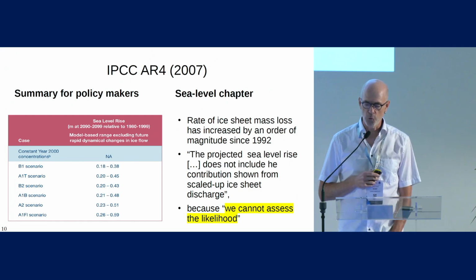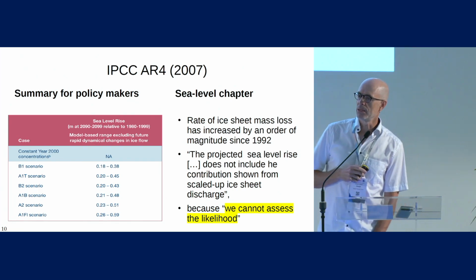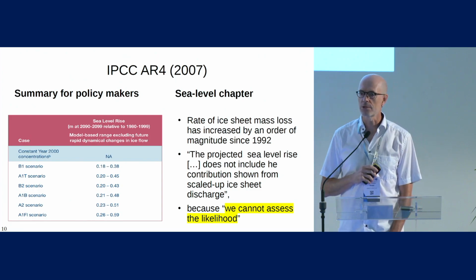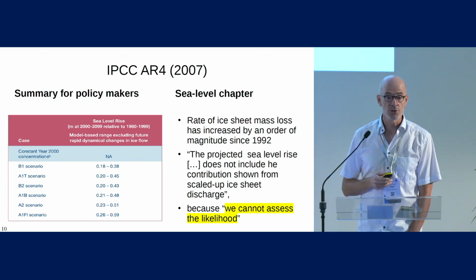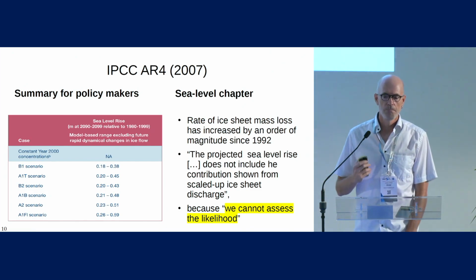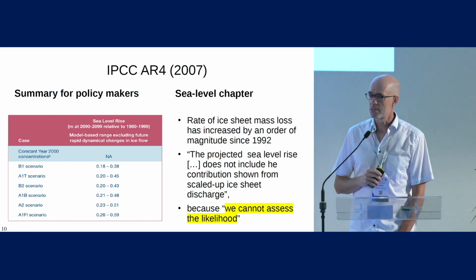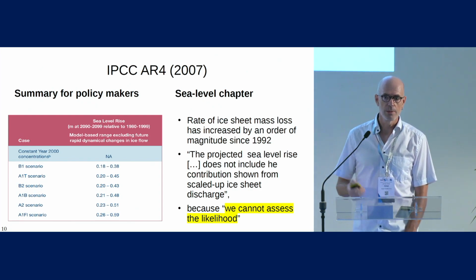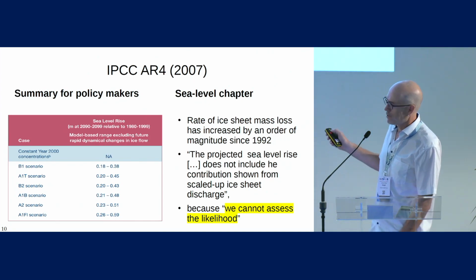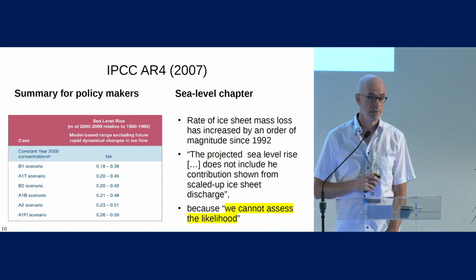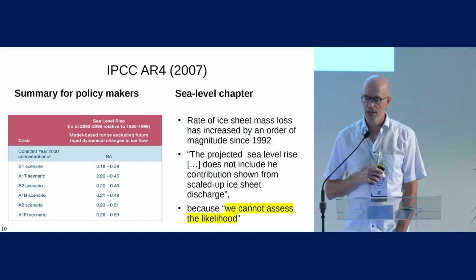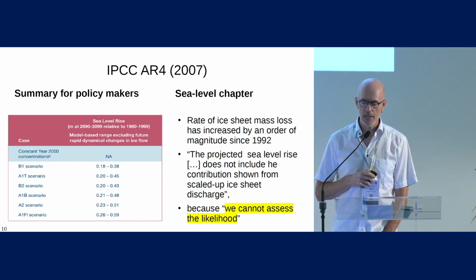So this was AR4. 60 centimeters was the worst case scenario according to the table published in the SPM. There was an important notice within the table that some processes were excluded, in particular the dynamical discharge. If you then read the sea level rise chapter, it told you we've had an increase by an order of magnitude of the ice sheet mass loss during the last decade.